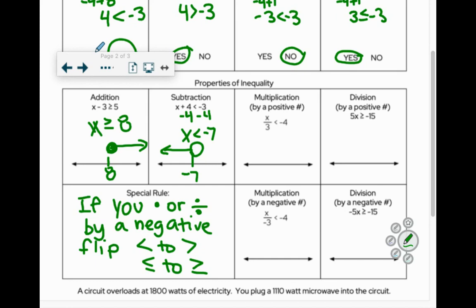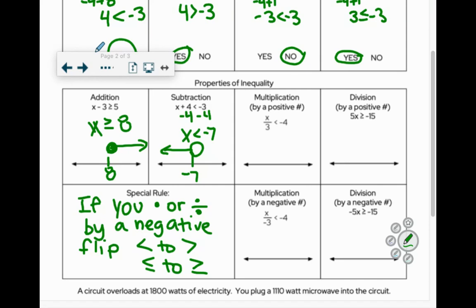Less than to greater than, or less than or equal to greater than or equal to. Okay, that has to happen. Now there's a difference between multiplying by a positive and multiplying by a negative. Positives you don't have to worry about it. Negatives you just have to go the other direction pretty much.